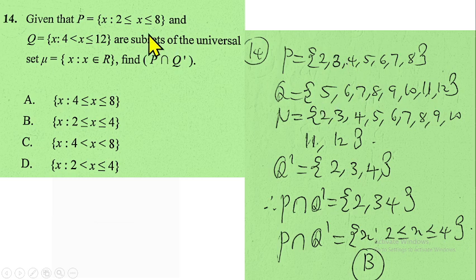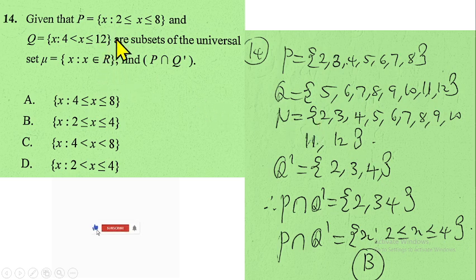Also set Q, you're having 4 less than x. That means x is greater than 4, but less than or equals to 12. So that means we're having numbers from 5 to 12 for set Q. Then the universal set will range from what?